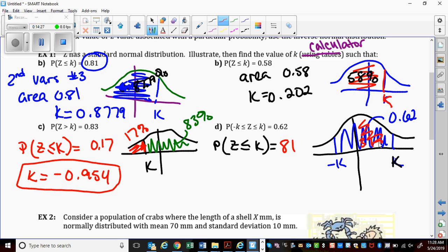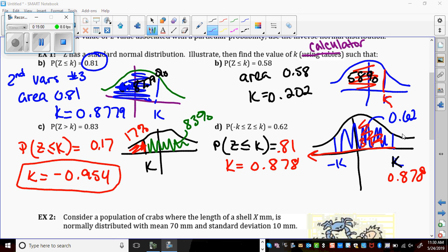So when we plug this into the calculator, we're going to plug in 0.81, and enter, and we're going to get that k is equal to 0.87, keeps on going, or 0.878, okay? So this k is 0.87, okay? But this is 81%.